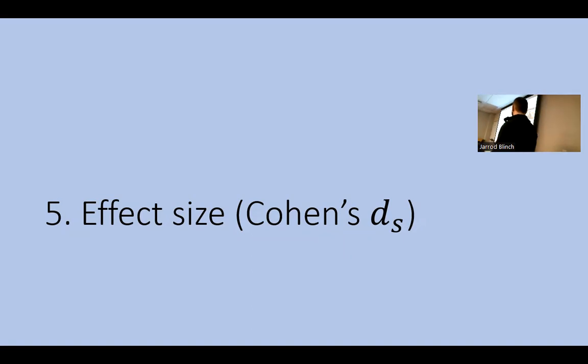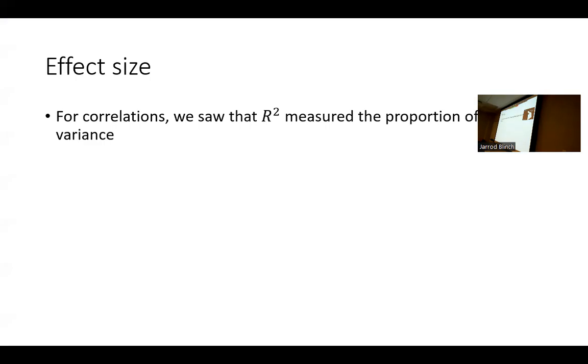And we'll look at calculating Cohen's d, or more specifically Cohen's d sub s. And often when people report Cohen's d, they actually mean Cohen's d sub s. But as with math and statistics, it's best to be specific.